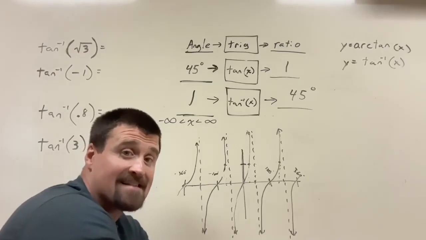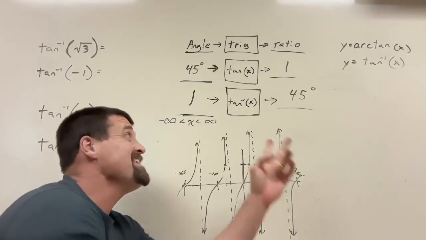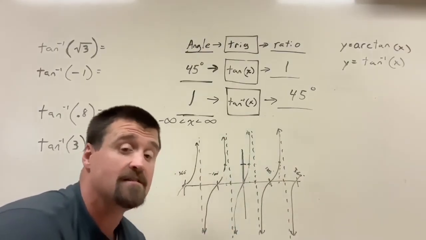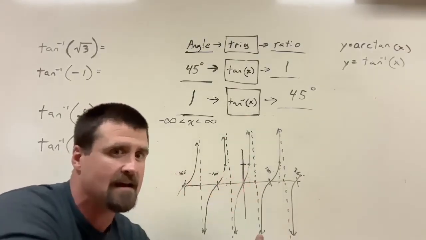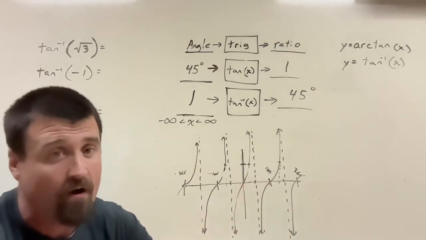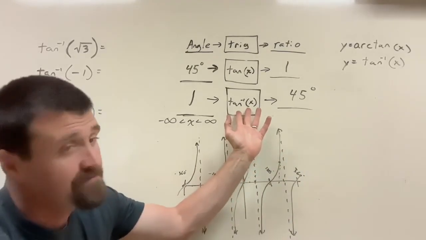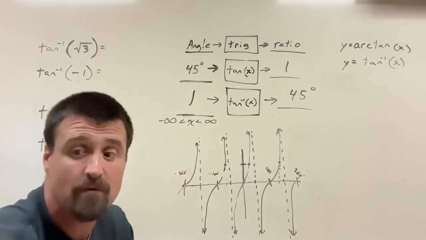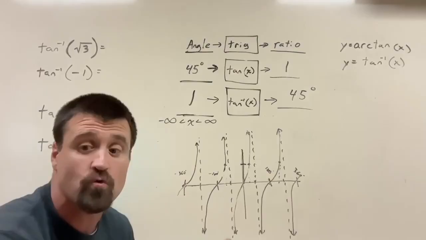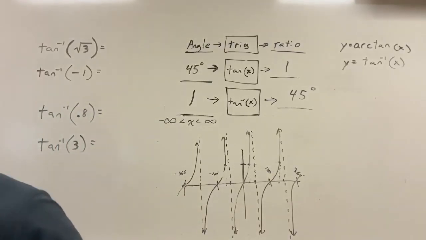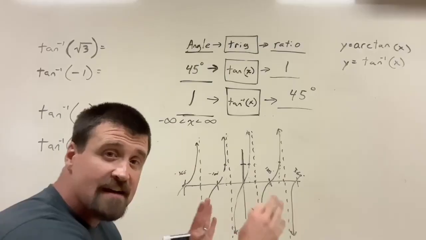It does not pass the horizontal line test. For its inverse to be a function, if I plug something in, I only get one answer out. So the function has to be 1-to-1. It has to pass the horizontal line test. So we need to trim this domain a little bit.